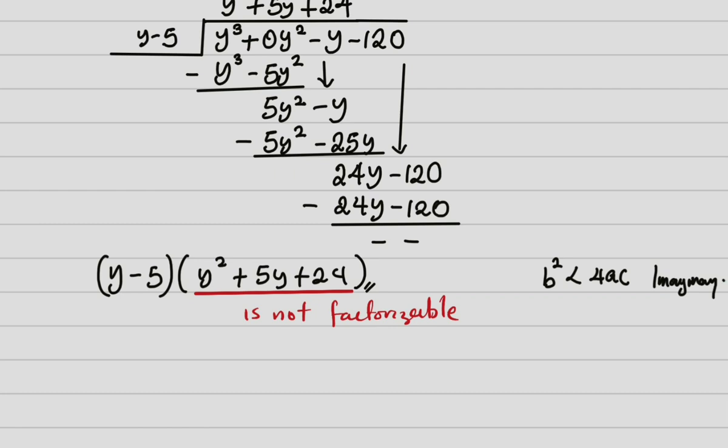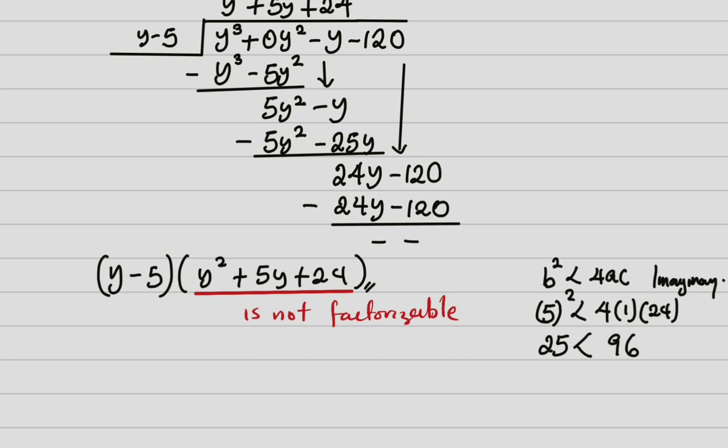So we can check. Now, b is the coefficient of y in this case, so it's going to be 5. So I have 5 squared, and 4 times a, where a is the coefficient of y squared, which is 1. Then c is 24. Now you can see that 25 is actually less than 96.